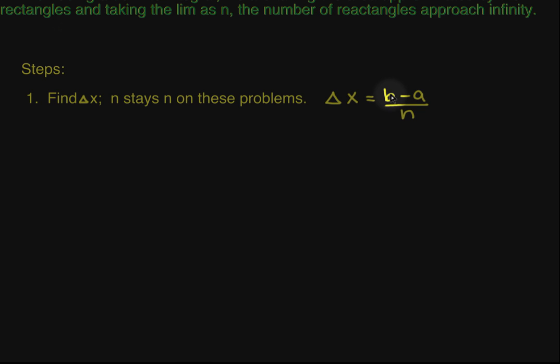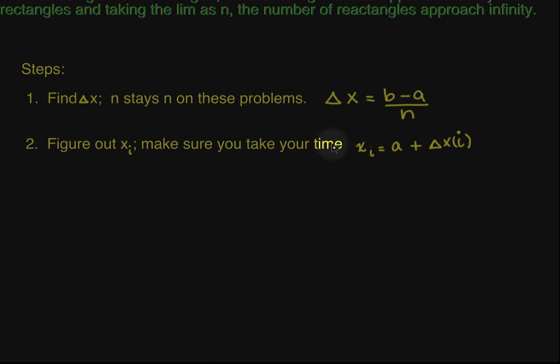So what are the steps that we're going to be doing when dealing with this type of problem? Well, the first thing you have to do is figure out what delta x is. So delta x is going to be b minus a over n, where b is the upper bound of our region, a is the lower x value of our region, and n stays n in these problems.